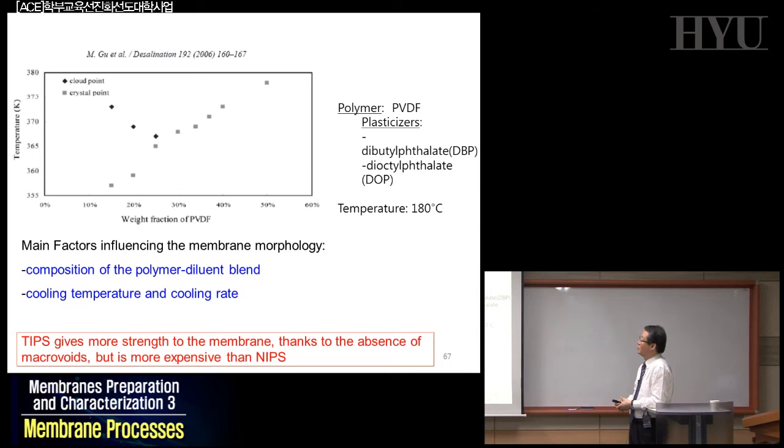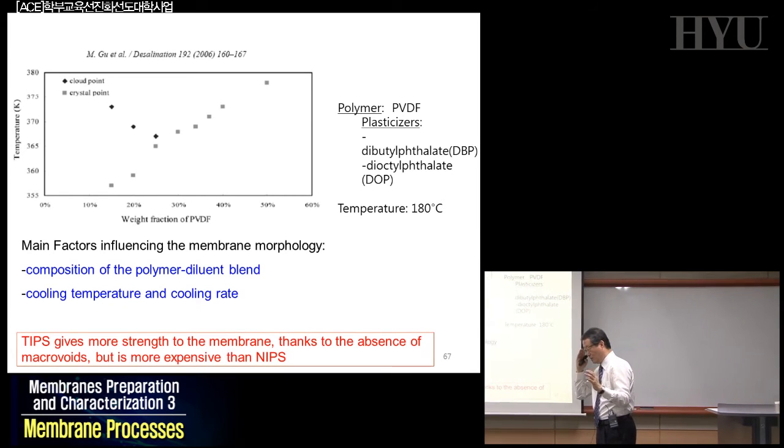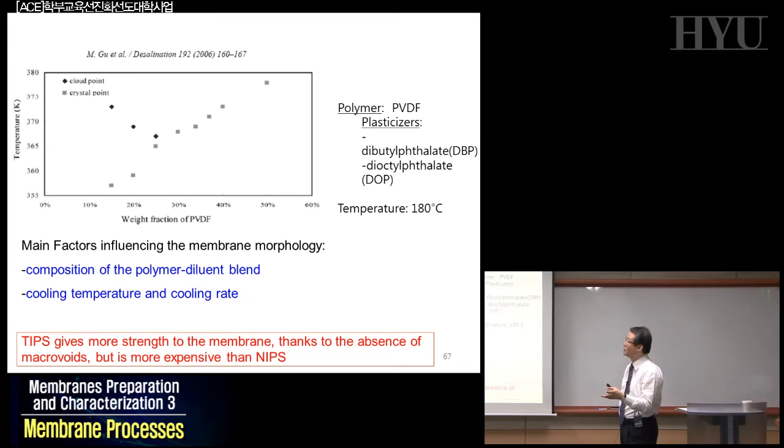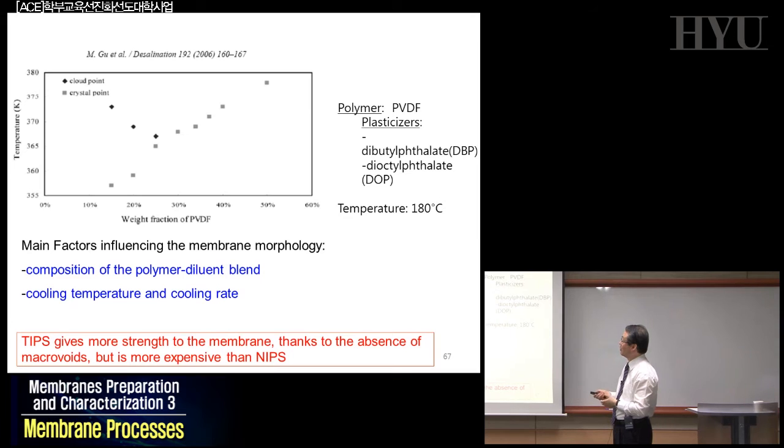So practically, what we observe is this curve, and this is what we call the real phase diagram. The phase diagram that you have seen in the TIPS or NIPS, particularly the TIPS, is a theoretical one, but this is the practical phase diagram.